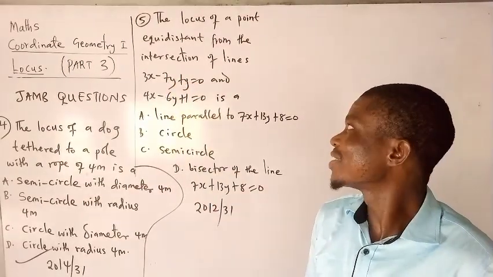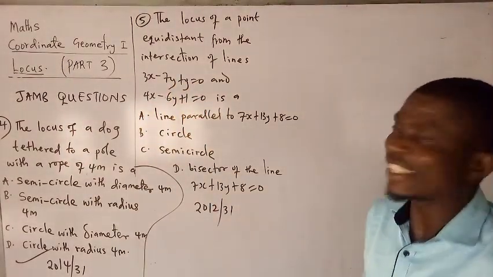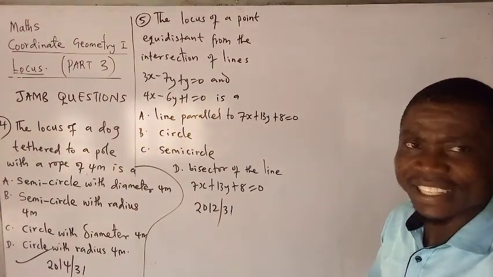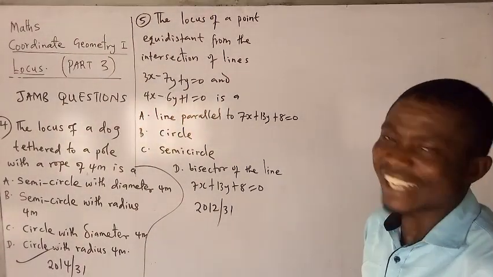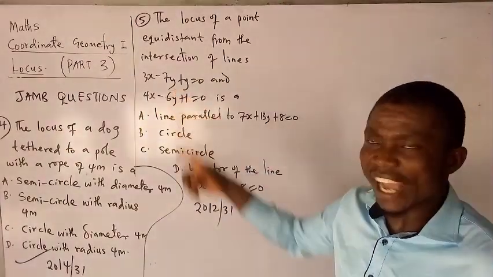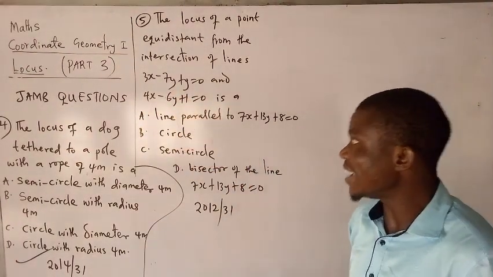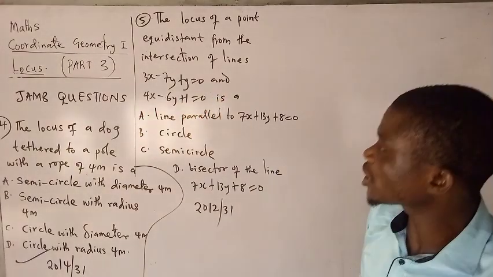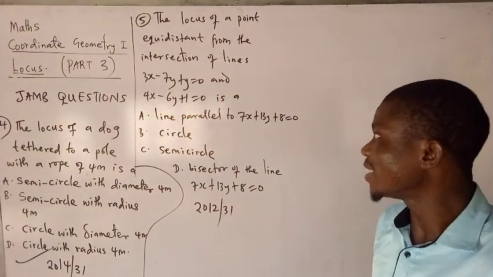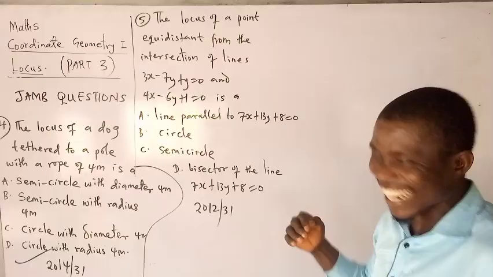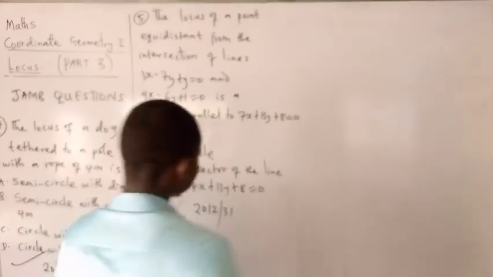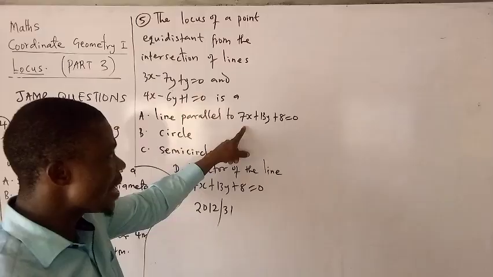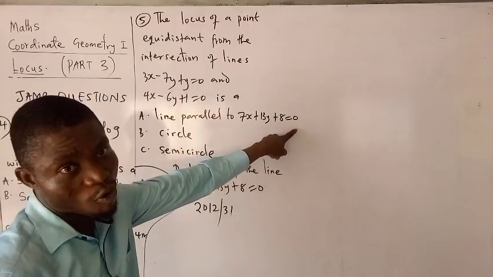The locus of a point equidistant from the intersection of lines 3x minus 7y plus 1 equal to 0 and 4x minus 6y plus 1 equal to 0 is a dash. A: a line parallel to 7x plus 3y plus 8 equal to 0.